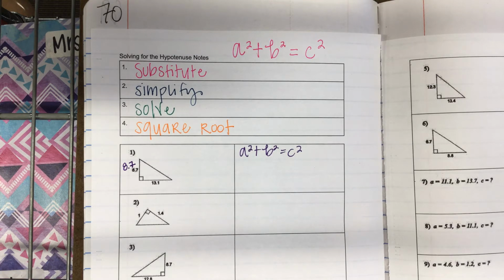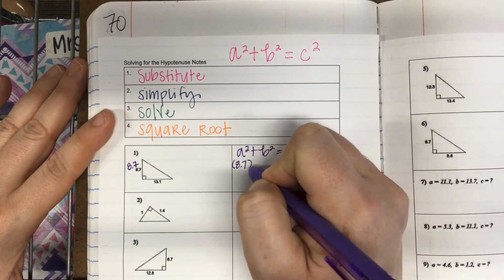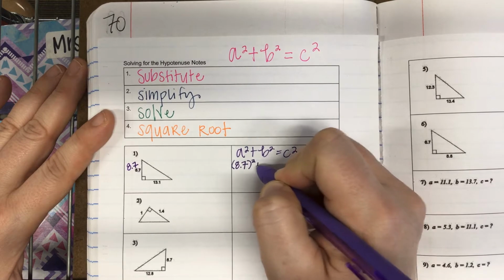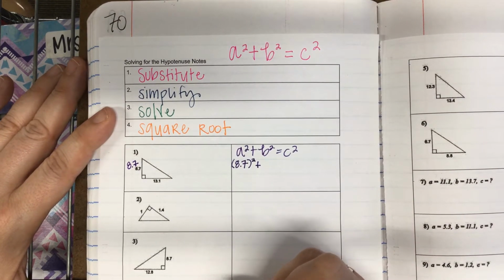What number goes in for a? 8.7, because it's the smallest. It's the smallest leg. Squared plus, what should I put in for b? 13.1.